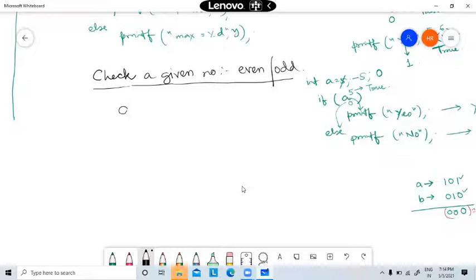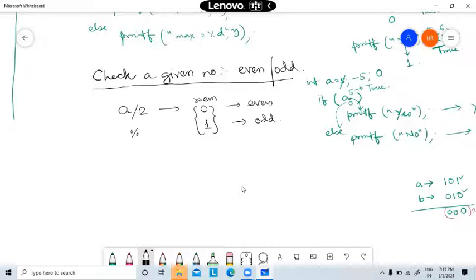I hope you know the logic to check this. If the number is a, and you perform division by 2, if you get remainder 0, then it is even, and if you get remainder 1, it is odd. You know this. Since we require the remainder, we will apply not division but the remainder or modulus operator, the percentage sign.